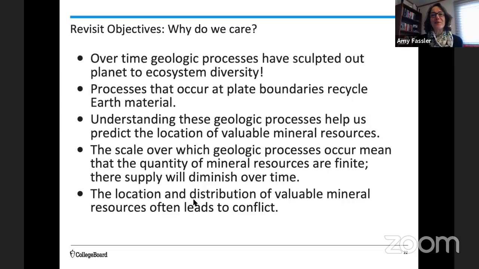Obviously, the processes that deposit these minerals don't take into account geopolitical boundaries. So countries that have a lot of these resources have a lot of power if they're valuable resources. And that brings in a lot of the environmental science aspect, by looking at how humans interact with their environment.